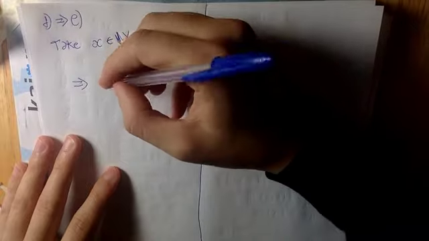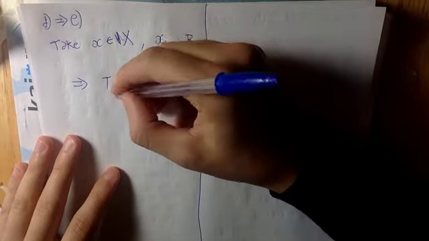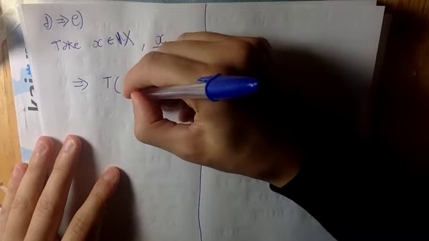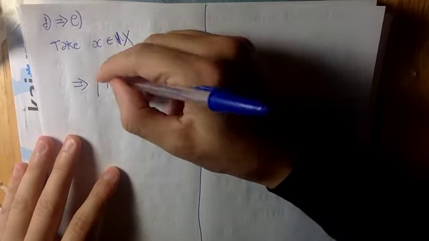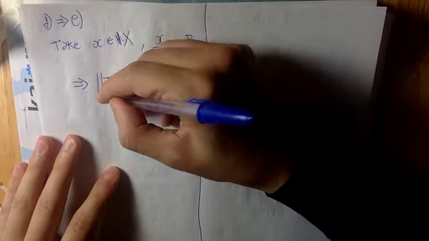Then the norm of T of x over 2 times the norm of x is less than k, and this is by item D. Then by linearity, we have that the norm of T of x is less or equal than 2 k times the norm of x. Again, this is the norm in Y, and this is the norm in X.